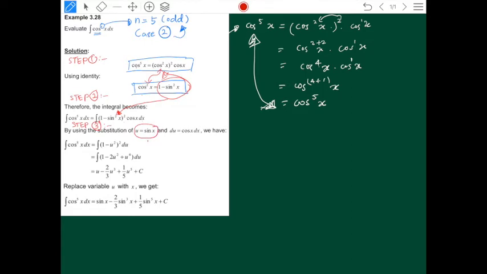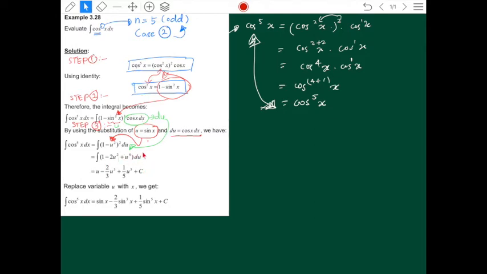Here sine x is u, so du will become cos x dx. And when you plug in here, anything related to sine will become u. And here cos x dx is du, so that is why we write down here. So 1 minus u squared, power of 2, du.